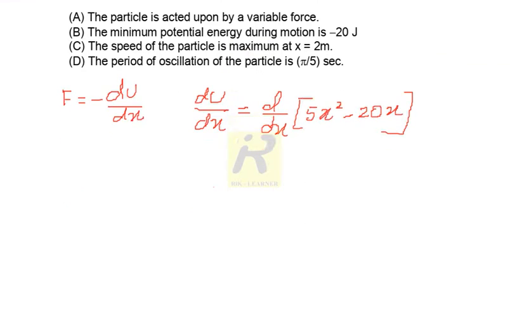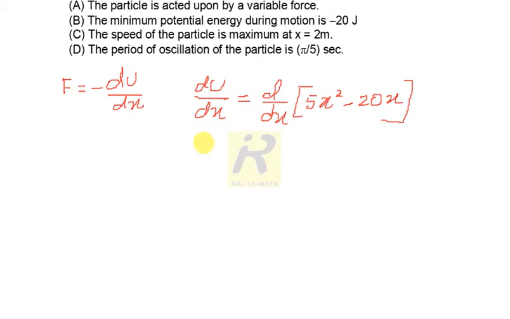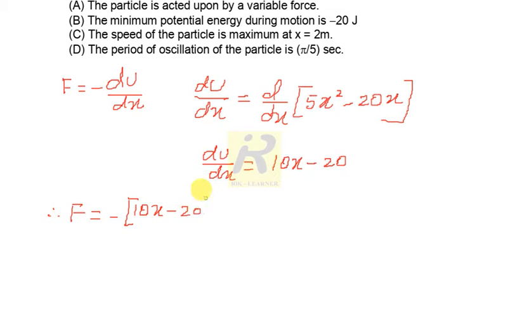So dU by dx, when I make the proper differentiation, will be 10x minus 20. Therefore F is equal to minus (10x minus 20). Don't forget to put the negative sign here.